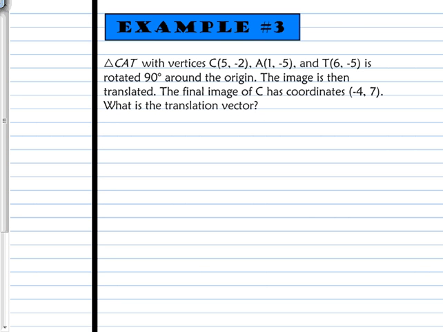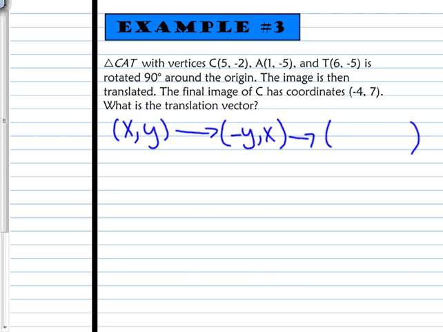So first of all, I know that we are starting with some point x, y, and it says that it's rotated 90 degrees around the origin, and when it's rotated 90 degrees, x and y change places, and then the first coordinate, that y, is negative, and then it's translated, but we don't know what the translation is going to be.